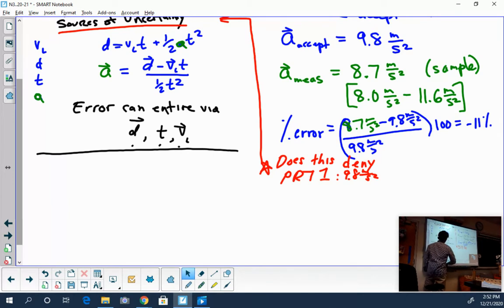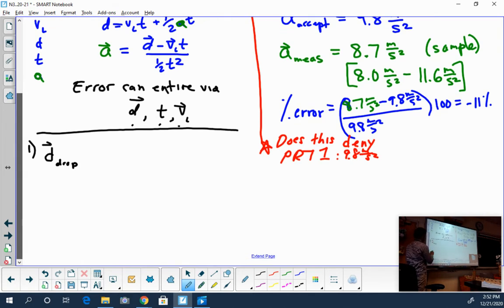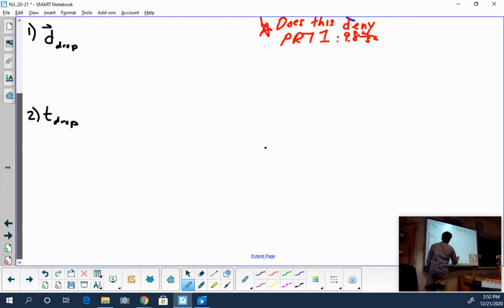It's not an easy process, but it actually is a very helpful process for thinking. So let's say here, we're going to look at the uncertainty in the displacement for the drop. We're going to look at the uncertainty in the time for the drop. And we're finally going to look at the uncertainty in the initial velocity of the drop.